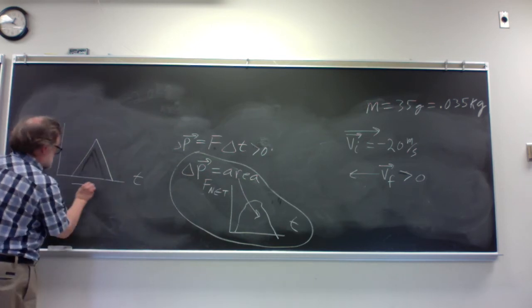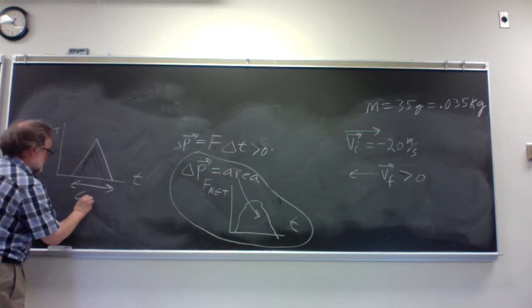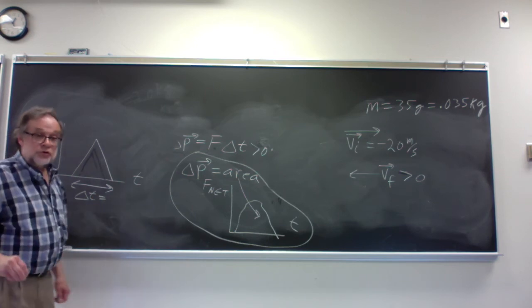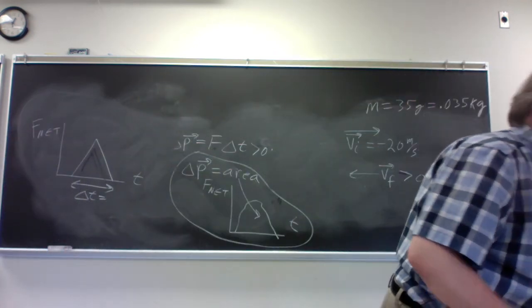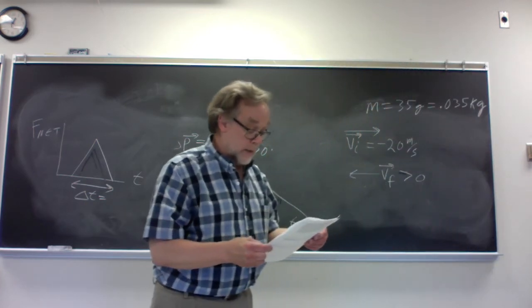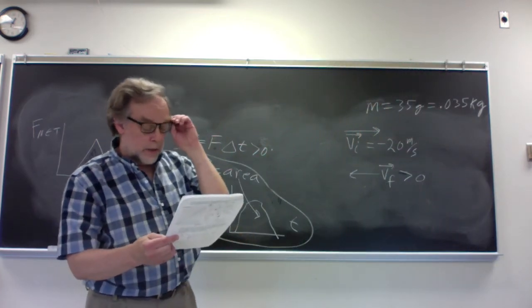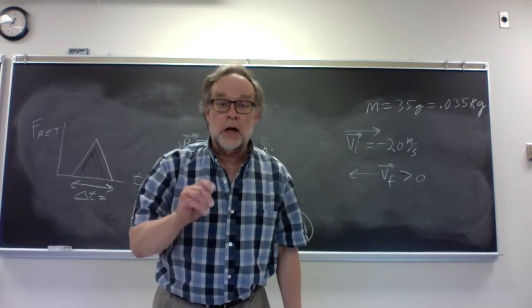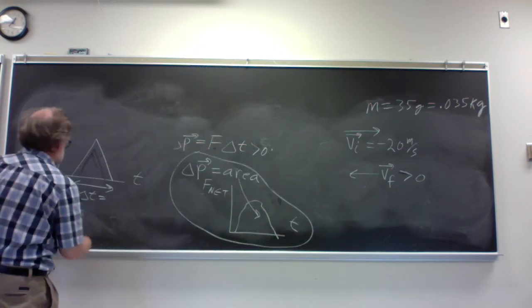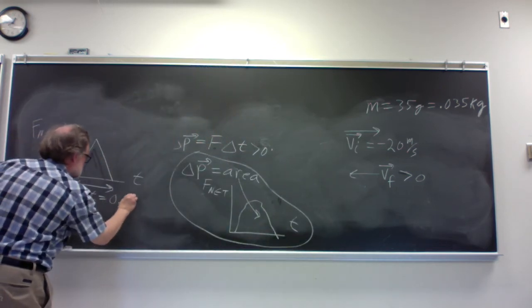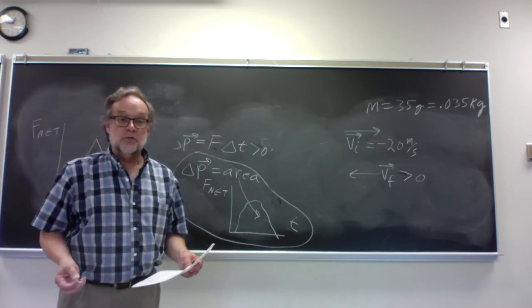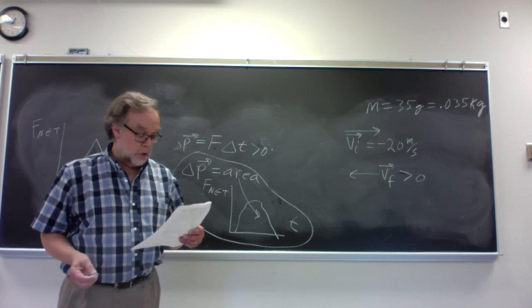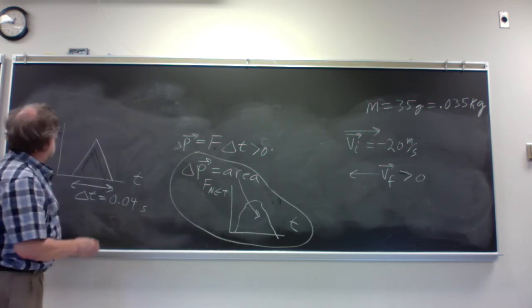And let's see what the numbers are. In this case, the time interval during which the ball was in contact with the racket and being hit by the racket, let's see if I've got the right numbers here, 0.04 of a second. And the maximum force with which the ball gets hit is 80 newtons.